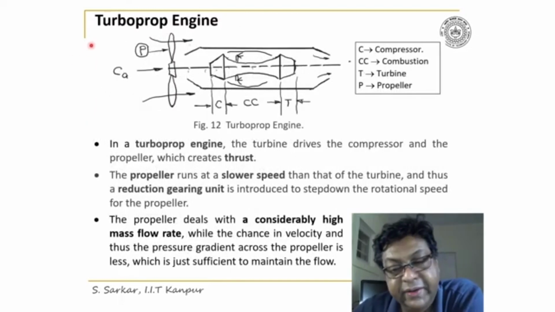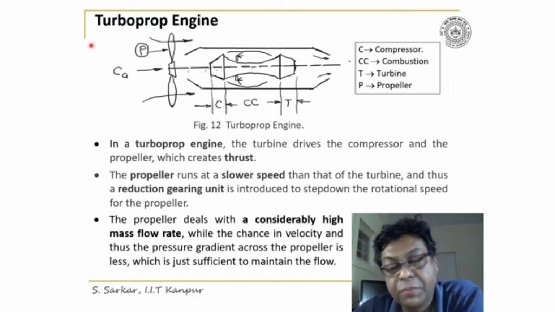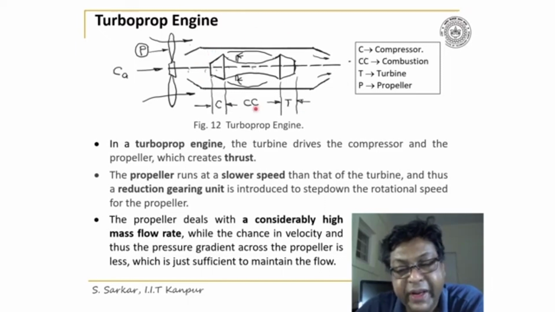I have illustrated here in brief the operation of a turboprop engine. Figure 12 illustrates the schematic of the engine. Now look here, within the core region it has a gas turbine engine, that is, a compressor, a combustion chamber followed by a turbine.